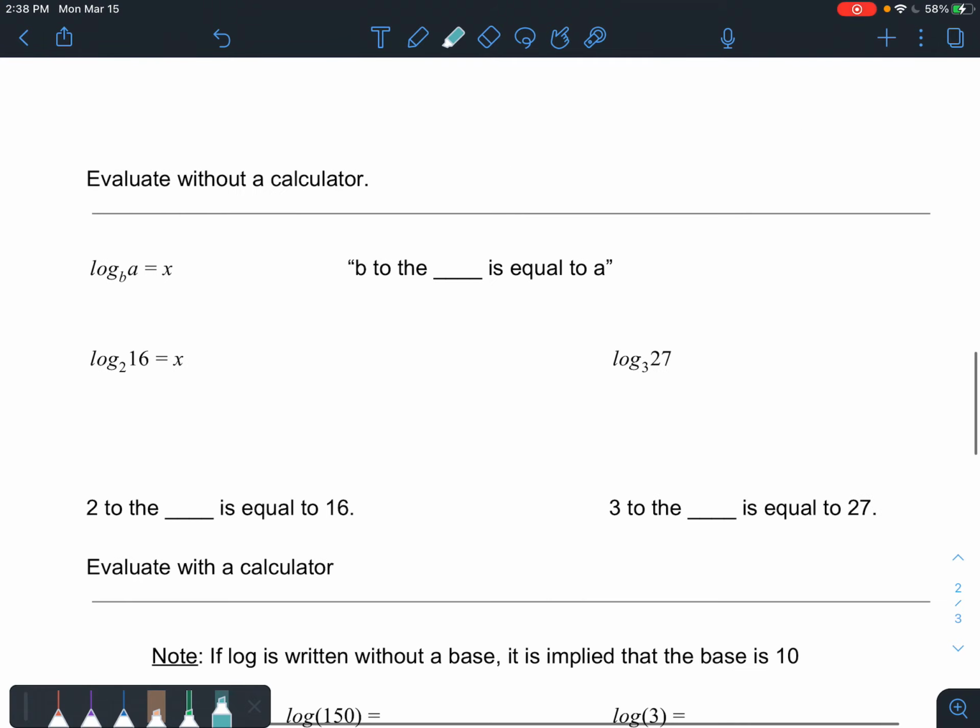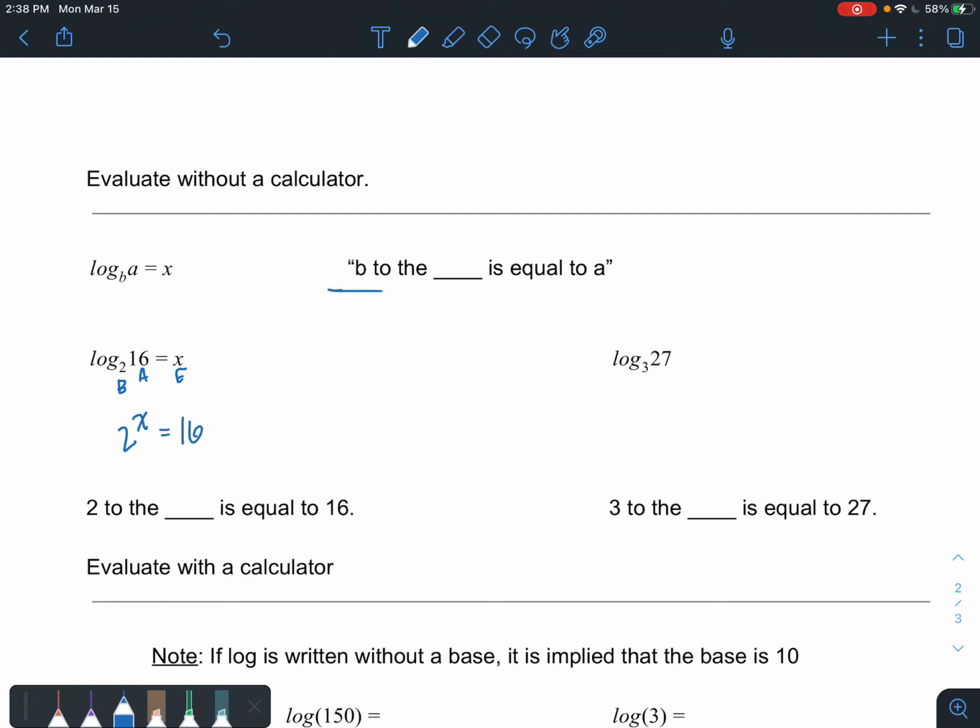Okay. Now we want to be able to evaluate without a calculator, which is why we're switching back and forth. So for this one here, I have log base 2 of 16 equals x. So I do base exponent equals my answer.